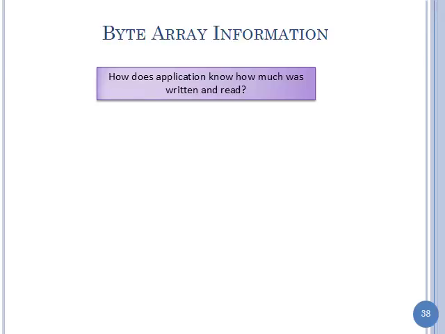Some of it will go now, and some of it will go later. Similarly, because messages might have got scattered, what you read in one read may not be what was sent. So how does the application know how much was written and read?